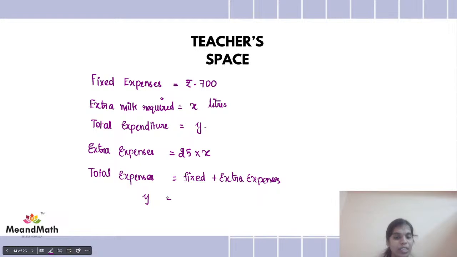Total expenses is Y, fixed expenses is 700, extra expenses is 25x. So, 25x minus Y plus 700 equals 0 is the final answer. Hope it is clear.